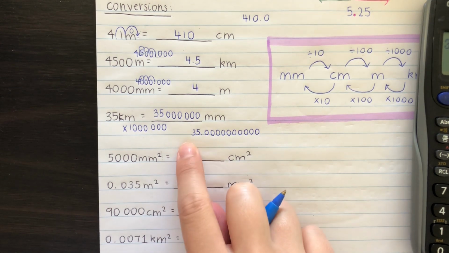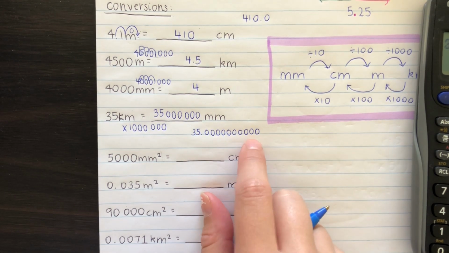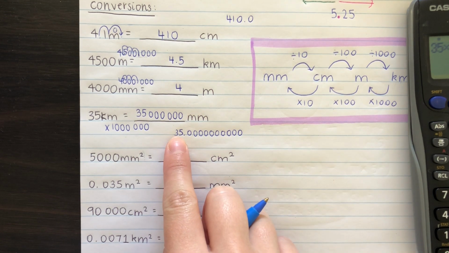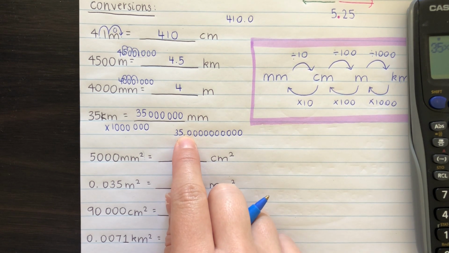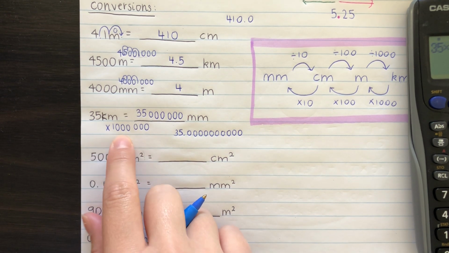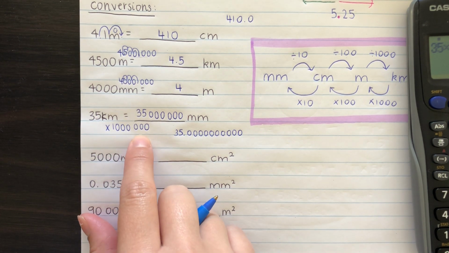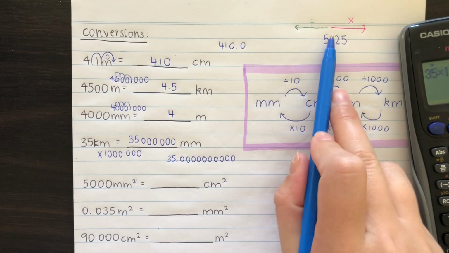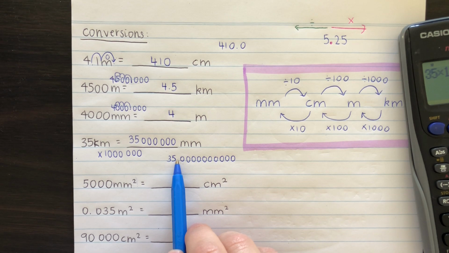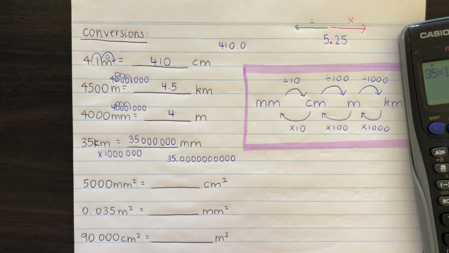Okay, so this number equals 35. I could have kept on writing my zeros all the way to the end of the page and it will still equal 35. I could have just had 1 zero there and it will still equal 35. Okay, I'm multiplying by a million, which means I have 6 zeros. So multiplying means that way, which means I'm moving my decimal point to the right 6 times.